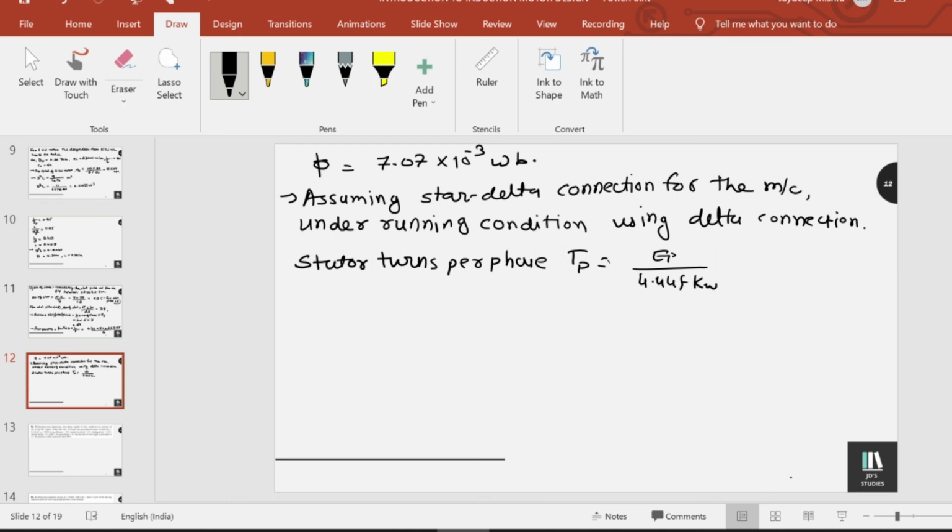We have EPH as 460 volt divided by 4.44, frequency 50, phi value 7.07 into 10 raised to minus 3, winding factor 0.955. So we have turns per phase 307.